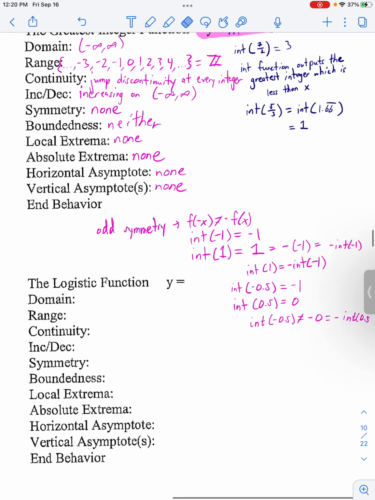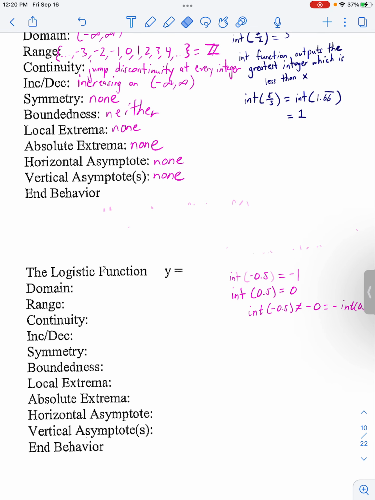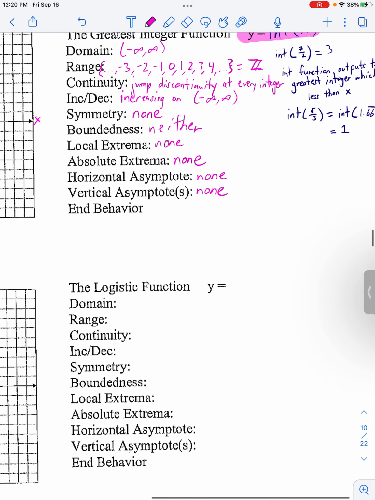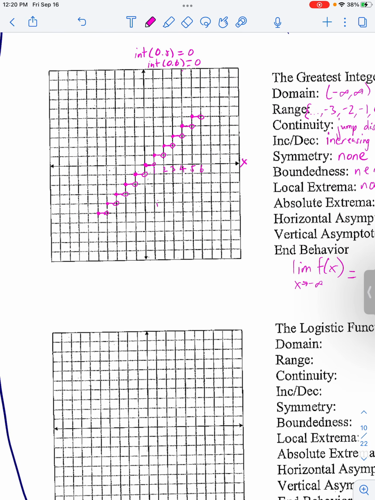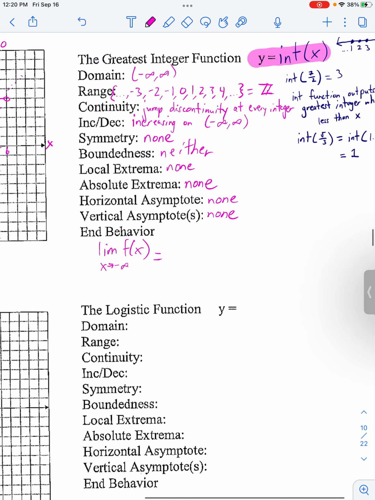Let's talk about the end behavior of this graph. Okay, let me erase all this. Okay, let's look at this. So the limit of f of x as x goes to negative infinity, right? As my x goes to the left, I just keep going down and down and down forever. I'll draw little ellipses here to say that I keep drawing an infinite number of steps.